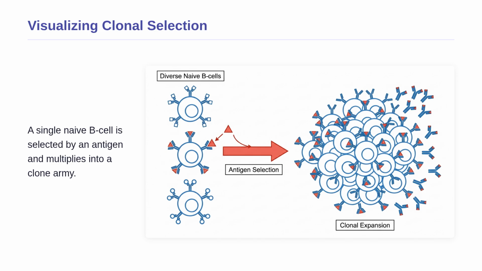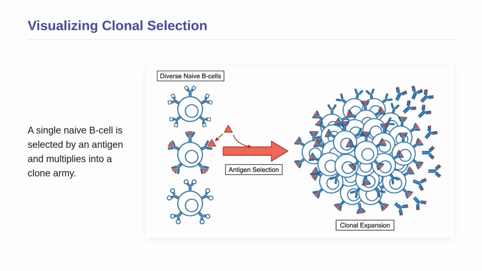To truly grasp this mechanism, let us look at a visual representation. On the left side of this diagram, you see a diverse population of naive B cells, each equipped with a uniquely shaped receptor. Notice how the triangular antigen only binds to the one specific cell in the middle that has the matching receptor.